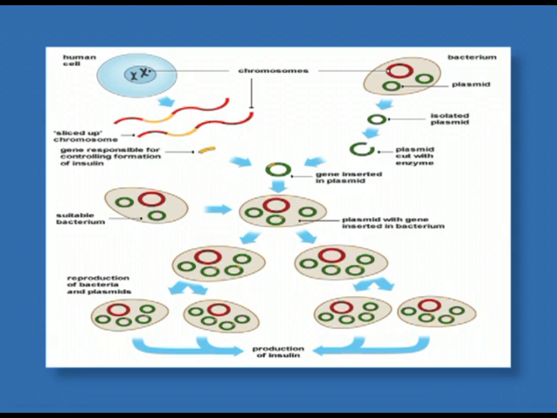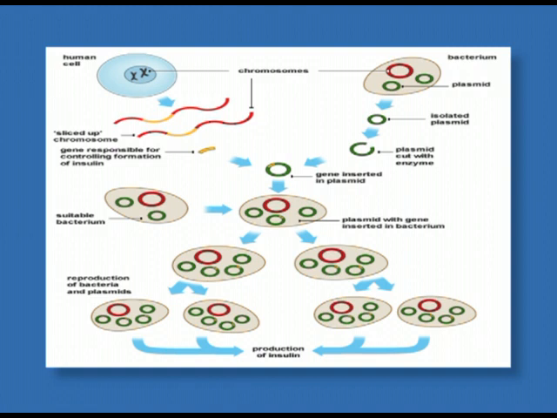The third example and the most important one is insulin producing bacteria. We know that India stands number one in diabetic patients. Now, because diabetes is the result of a lack of insulin production, and insulin is produced in the beta cells of the islets of Langerhans, the gene which codes for insulin is isolated from these cells and inserted into a bacterial genome.